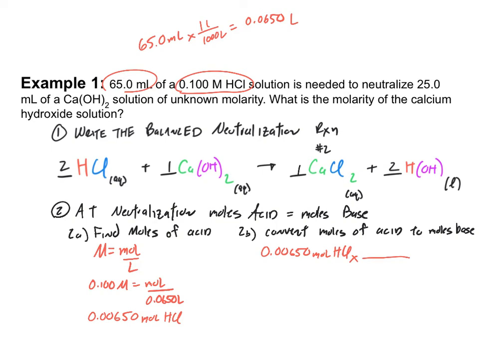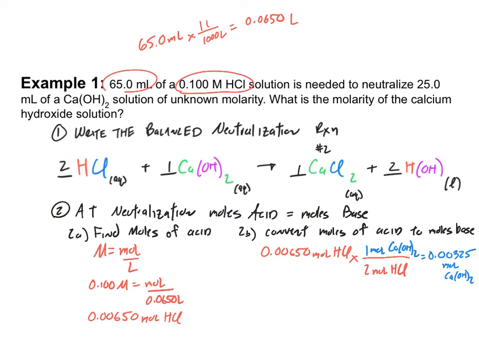So I see that in the balanced chemical equation I have 2 moles of HCl, and I have 1 mole of base, which in this case is Ca(OH)2. So 0.0065 divided by 2 gives me 0.00325 moles of Ca(OH)2. So that's the amount of base that's actually in the solution.